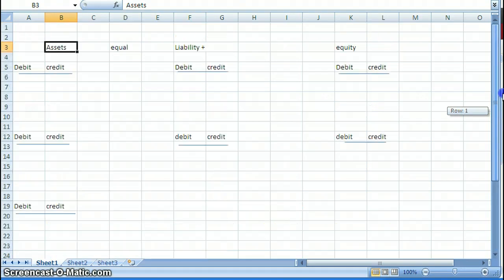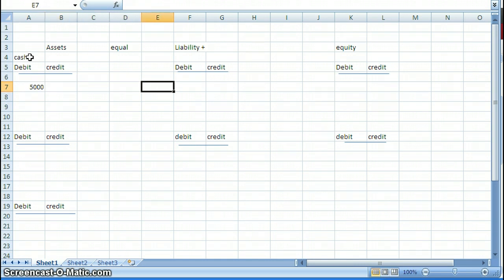Issued common stock for $5,000 cash. So we're going to create a cash account right here. It looks like $5,000 cash goes up. We're going to increase the debit $5,000 because, again, look back to page 150 for how to increase an asset account. You increase the debit. Now remember that assets always need to equal liabilities plus equity, so the debits need to equal the credits.